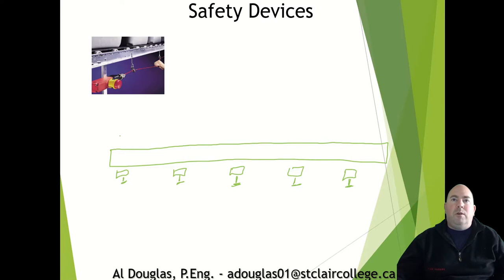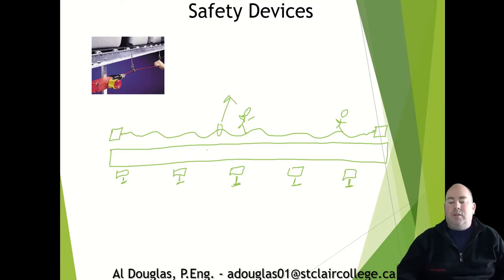What you can do is just put one device here, and then run this cable along the entire length of the conveyor, and anywhere along here that you have a person working, they are able to grab this cable and pull it, and it will activate that stop to stop that conveyor. So commonly used along long stretches of conveyor.